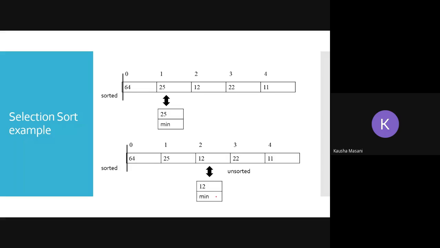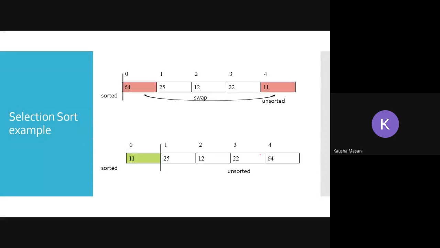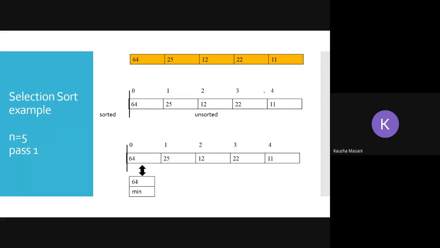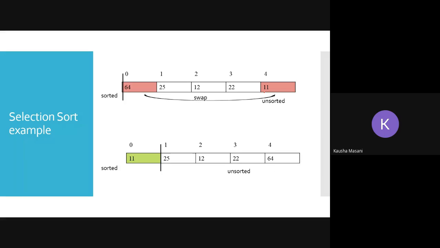Compare one by one, and you will find that 11 is the minimum number. So first you see which one is the minimum, compare each one with each other, and you will get that 11 is the minimum one. Then you swap the positions of 64 and 11.